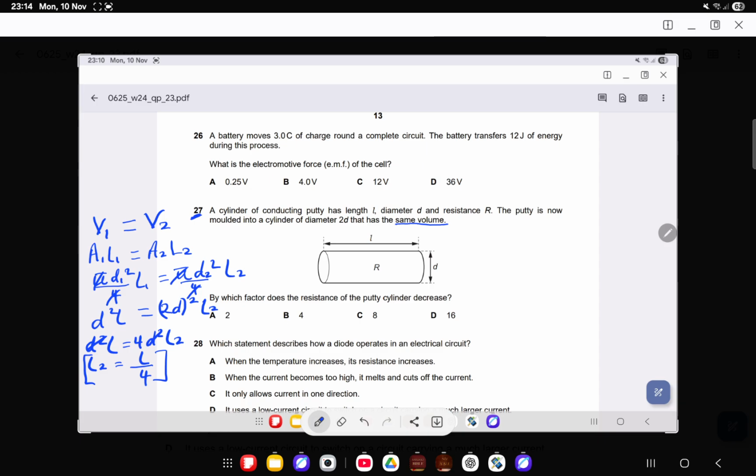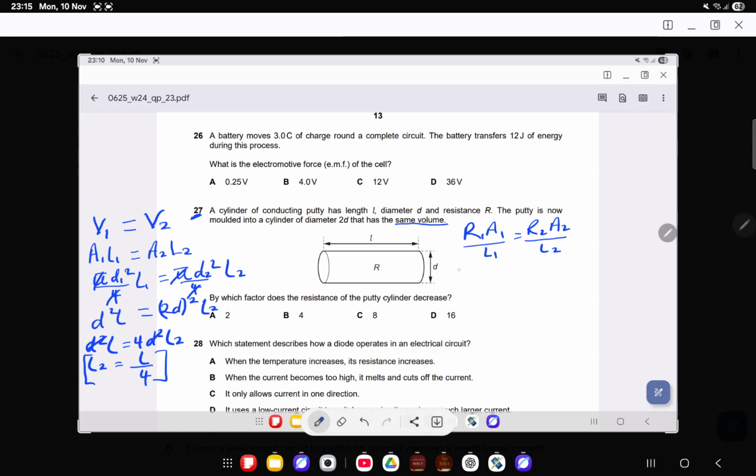So that brings us to R1A1 over L1 equal to R2A2 over L2. But remember, we are dealing with diameter, so you can express the area in terms of diameter, and you can see clearly that the pi over 4 will cancel out anyway, so we can continue with that.